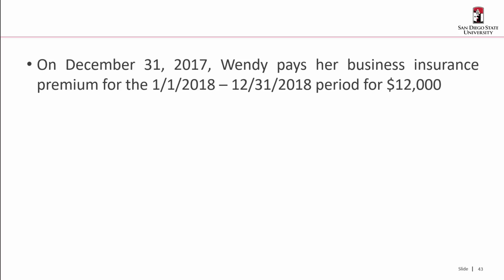All right, so let's see if that applies to all situations. December 31st, 2017, Wendy pays her business insurance premium for 1/1 to 12/31/2018, and it costs her $12,000. So here we are in 2017, and she prepays her insurance premium. That's not uncommon, right? You usually have to pay your insurance before the policy period begins. You don't always have to pay all of it, but you usually have to pay at least part of it.